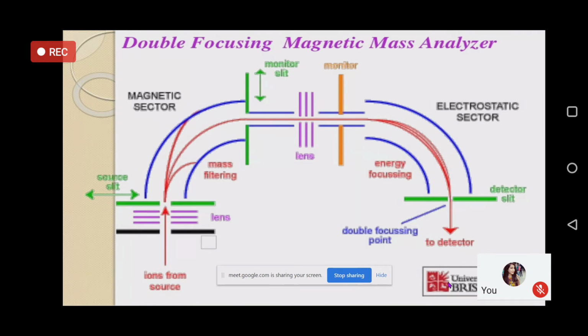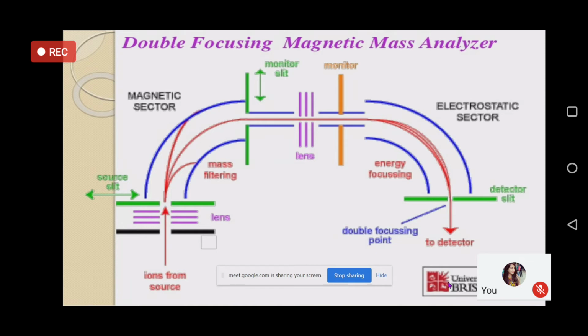And the second possibility is two different particles with the same m/z may have different velocity. So there is a distribution of m/z in the particle beam, and there is a distribution of velocity. So the first task is to focus with respect to one of these variables, and that variable is the velocity.